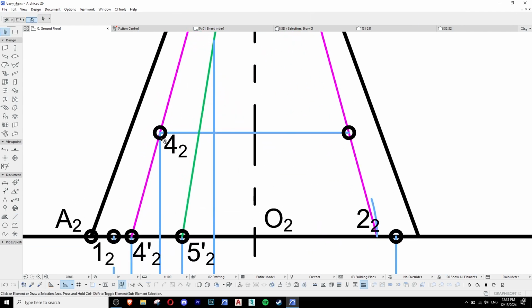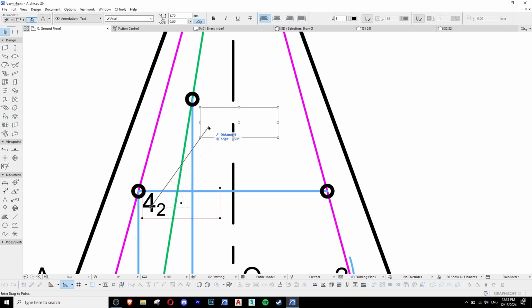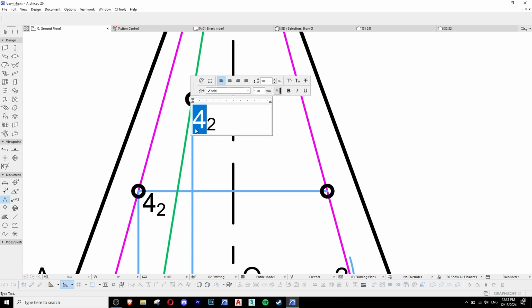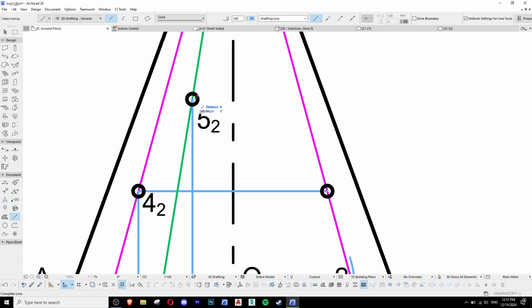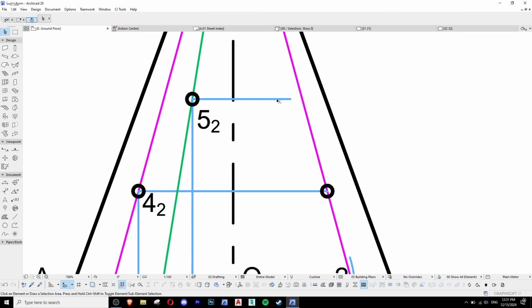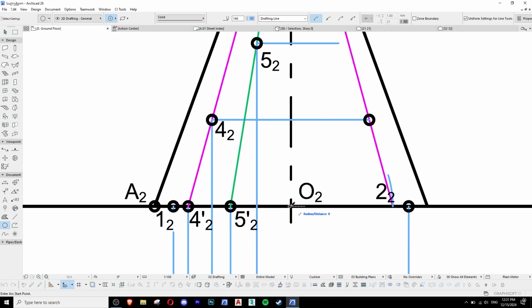So here it will be. Let's mark it, give it a name, 5-2. And it should be somewhere alongside this line, but we need to find it. I'm going to make it worse for myself and do it the same way you would do it. So yeah, you can bear with me here.